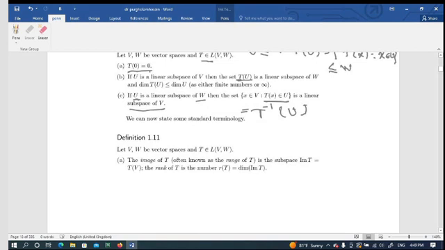Definition. Let V and W be vector spaces and T a linear transformation from V to W. The image of T is a subspace.